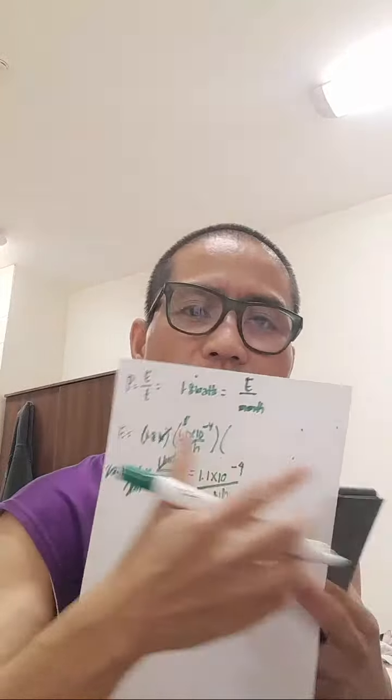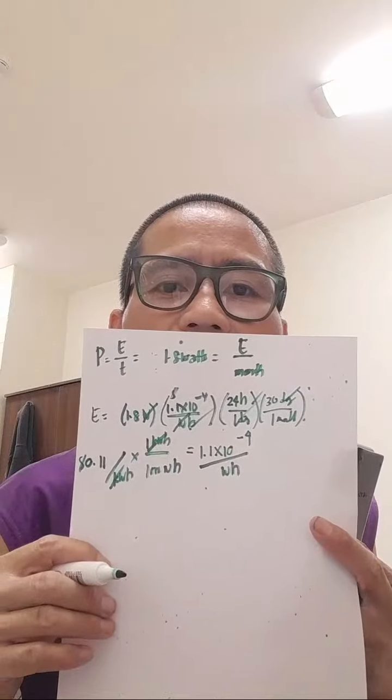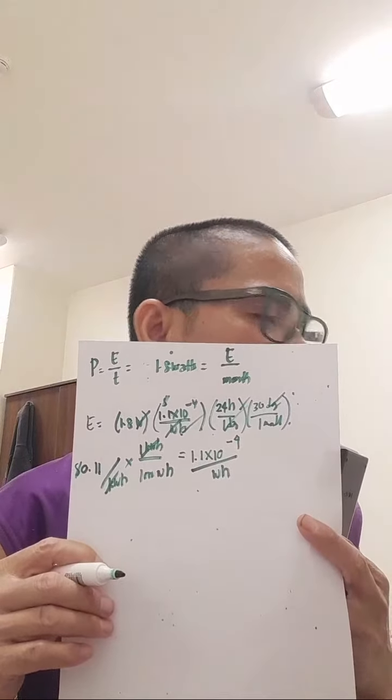And then conversion from hours to month. 24 hours is equal to 1 day, 30 days is equal to 1 month. So what will be left here is the dollars per month.